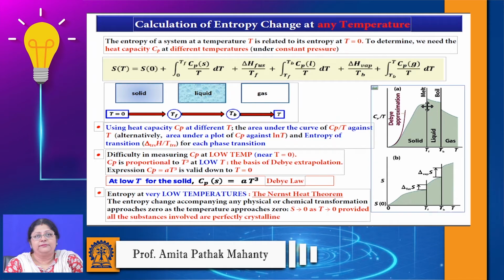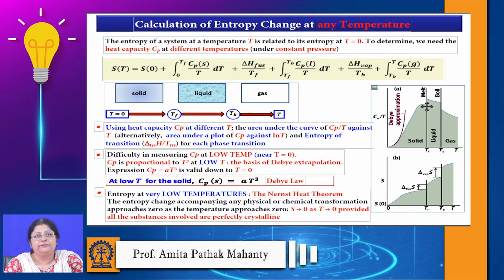Next you have the transition. These lines are going to mean the transition, and at the transition you have delta H fusion divided by the temperature of fusion. Then once you have the liquid, you have to do Cp dT by T from the fusion temperature to the boiling temperature.